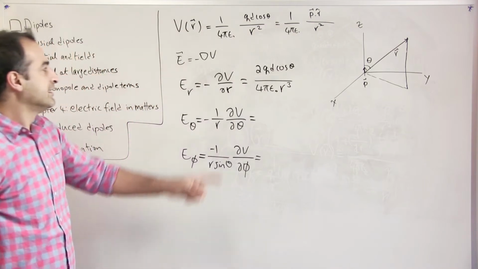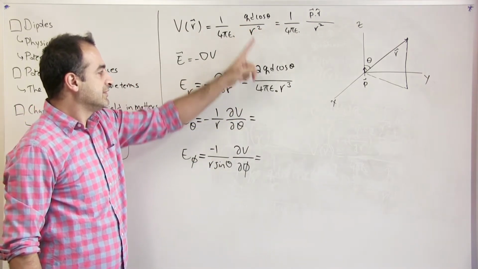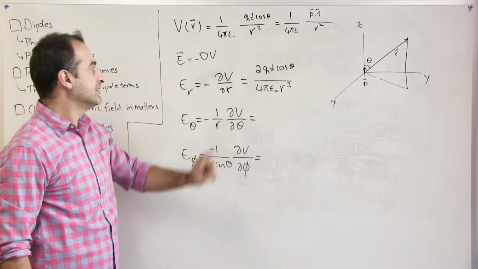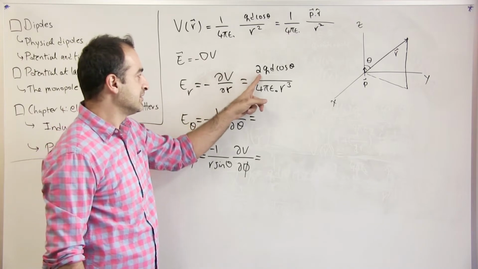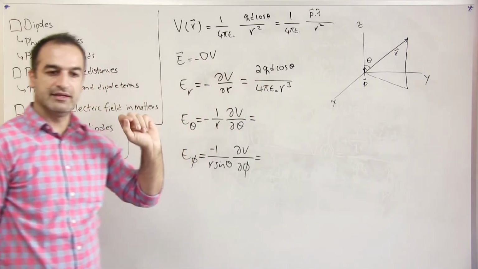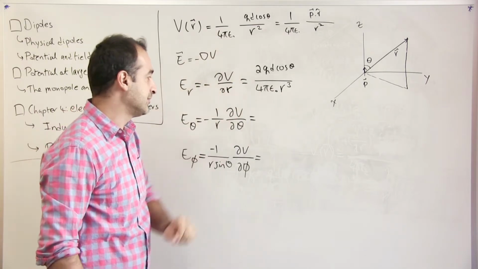Basically, the R dependence is 1 over R squared. You take the derivative of this, you get R cubed in the denominator. The negative sign cancels out with this negative sign. You get a 2 here, so you get 2 Q d cosine theta in the numerator and 4 pi epsilon 0 times R cubed in the denominator.